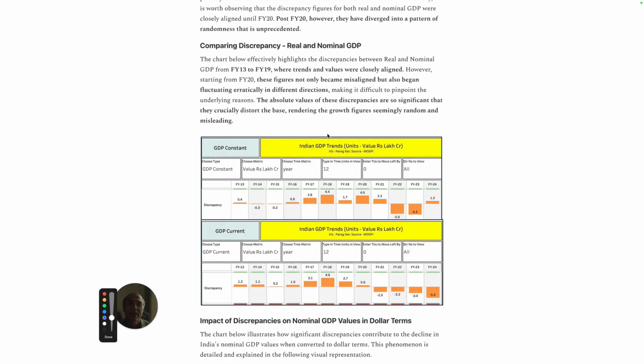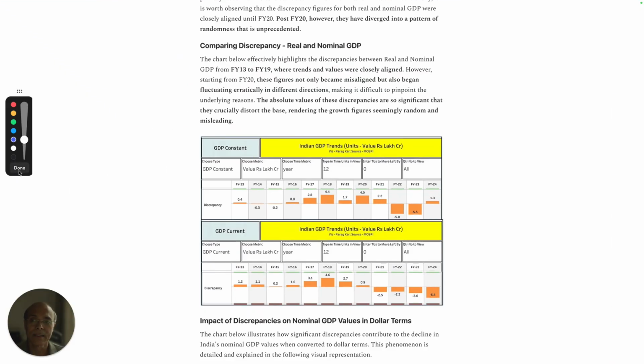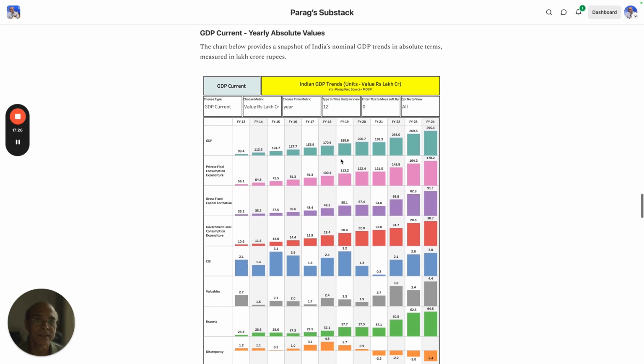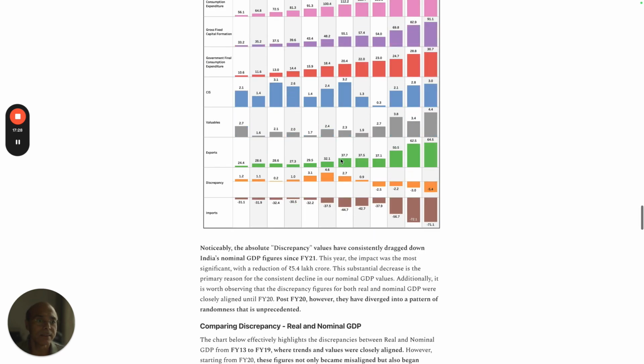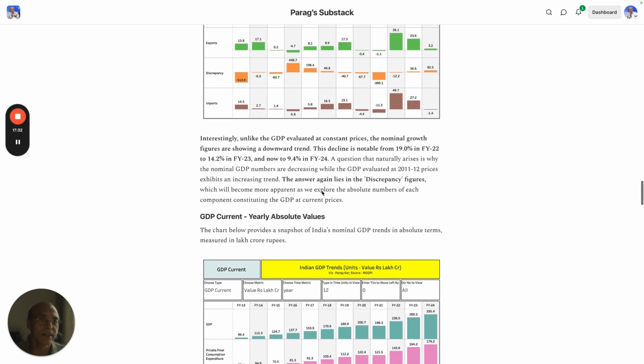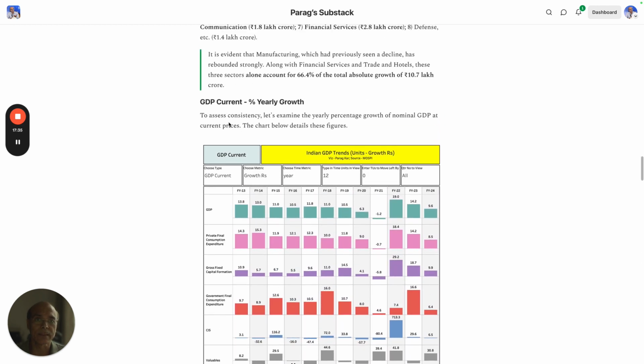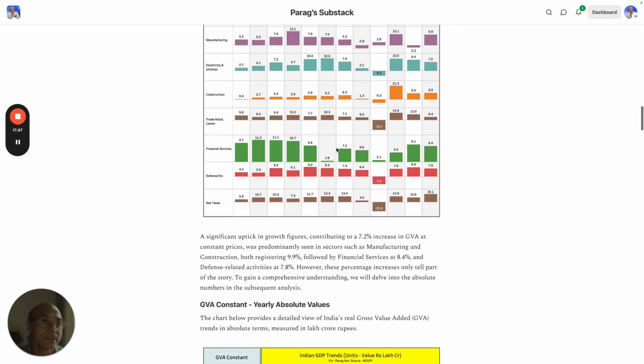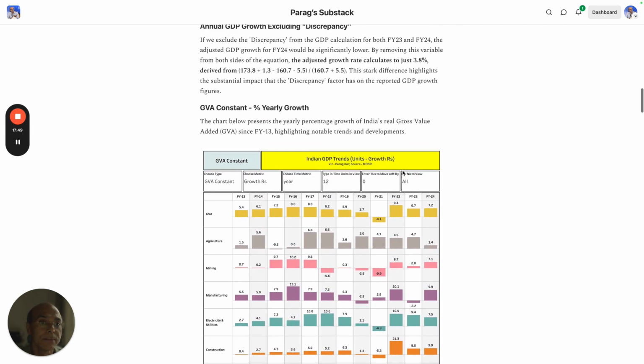Now let's go further here in my articles to get more insight. As I told you, I spoke about the nominal GDP growth rate. Now, the nominal GDP growth rate is also showing us some concern, though the real GDP, let me just go through the diagram which talks about the real GDP growth.